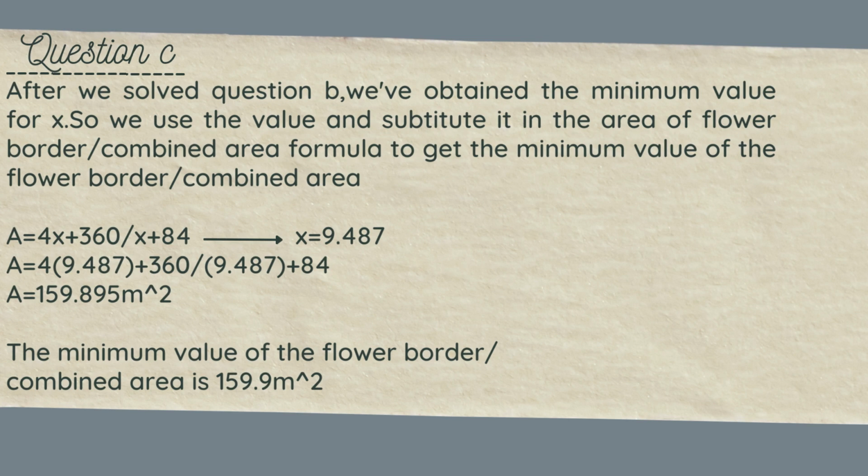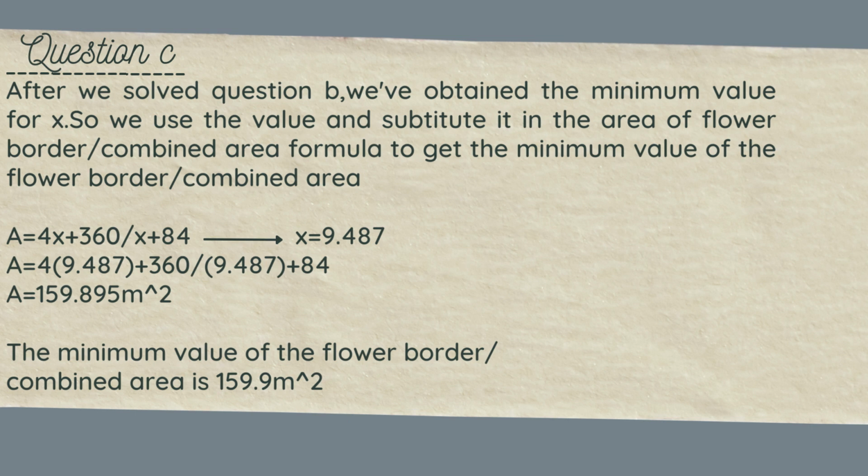Question C. After we solve question B, we've obtained the minimum value for x. So we use the value and substitute it in the area of the flower border formula to get the minimum value of the flower border. We use the same equation from question A, which is A equals 4x plus 360 over x plus 84.